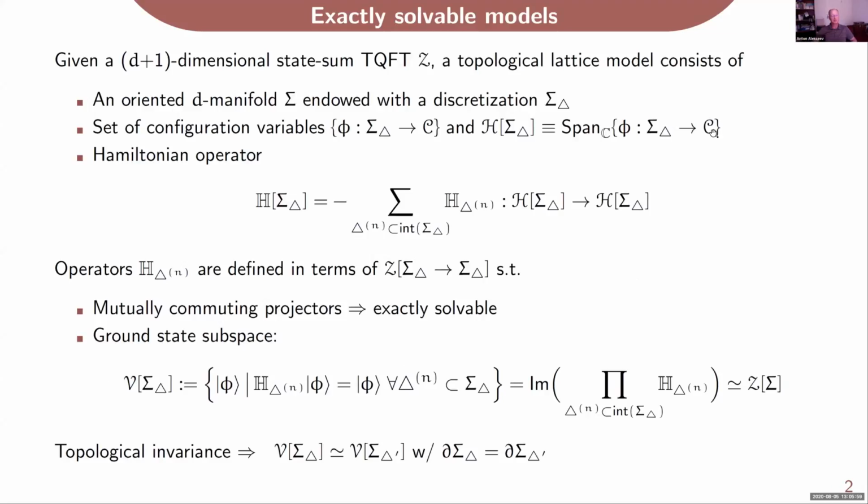Furthermore, I have a very naive question. Why do you want this phi in the definition of the ground state to be an eigenvector of H with eigenvalue 1, and not 0?